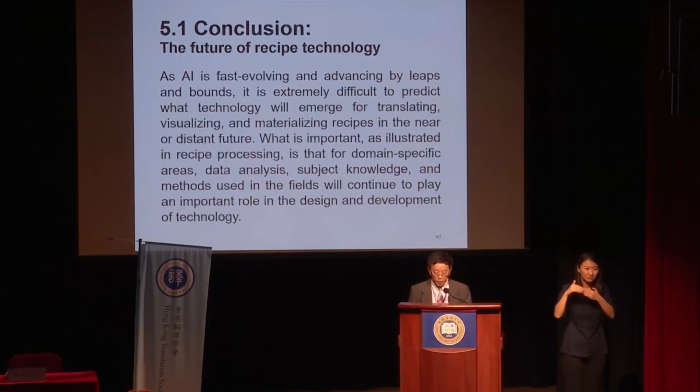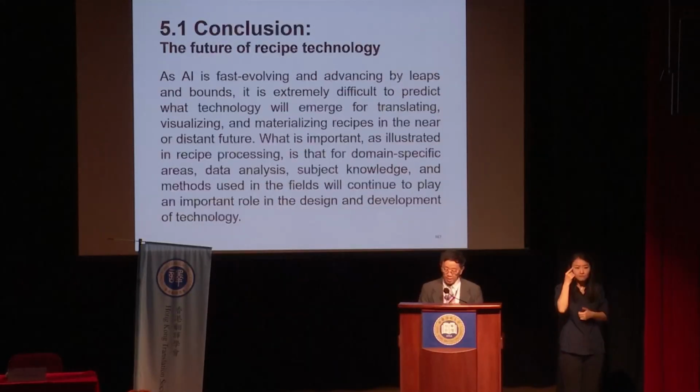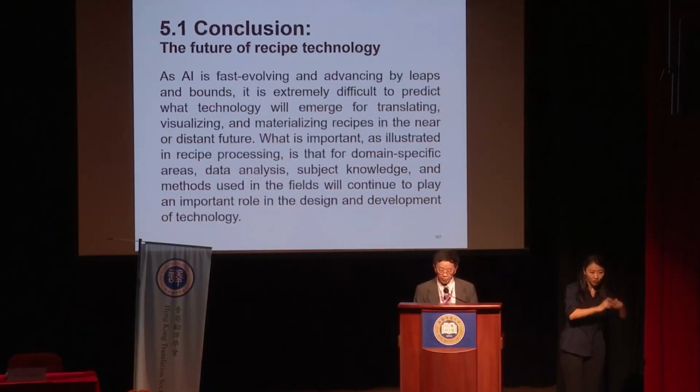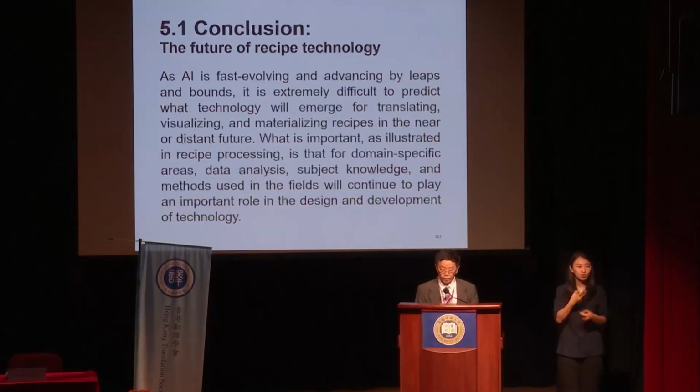What is important, it occurs to me, as illustrated in recipe processing, is that for domain-specific areas, data analysis, subject knowledge, and methods used in the field will continue to play an important role in the design and development of technology, in the case of recipes.